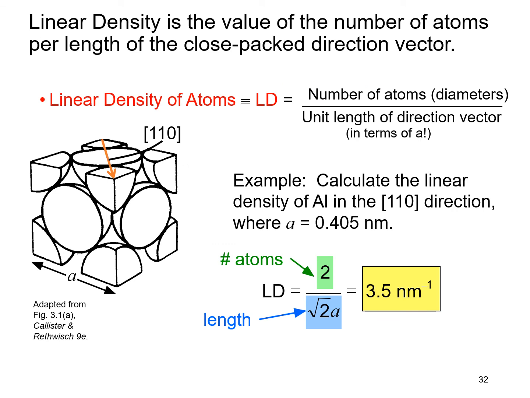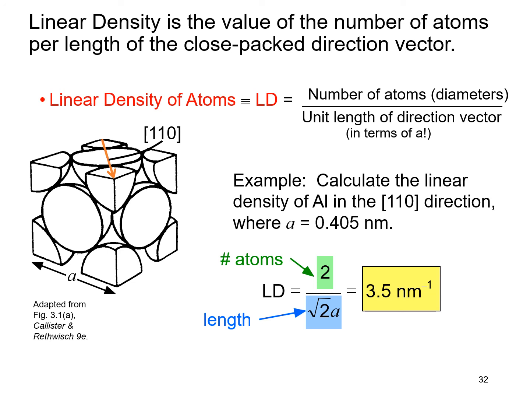And finally, we can define linear density for a given unit cell as the number of atoms per length of the close packed direction vector. In other words, the linear density of the atoms is the number of atoms, or the diameters, along the close packed direction per unit length of that direction vector in terms of a.